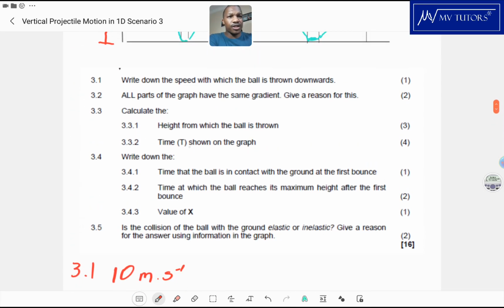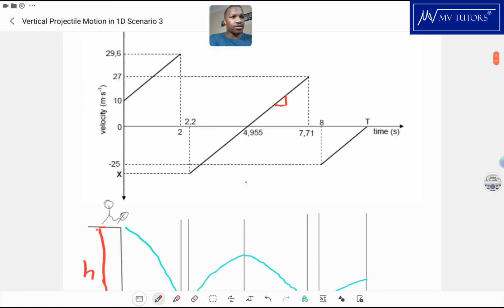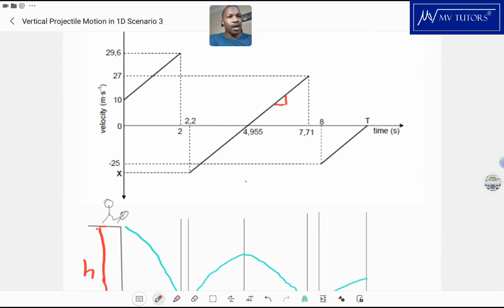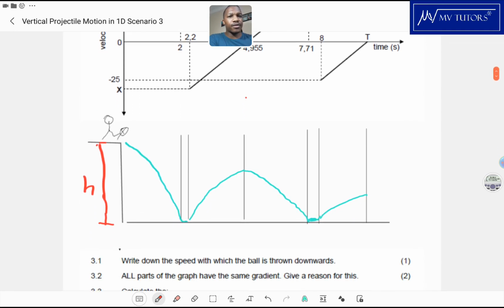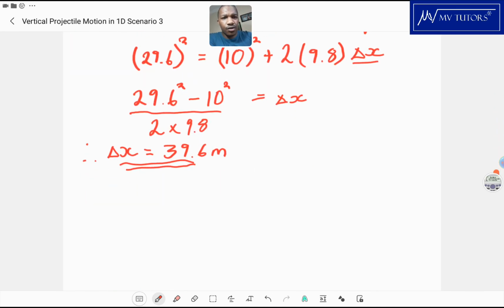The next question is the time t shown on the graph. Where's t? There's t. So we need to find this time here. Now you need to choose the right formula once again. There are many formulas you could choose to do this one.